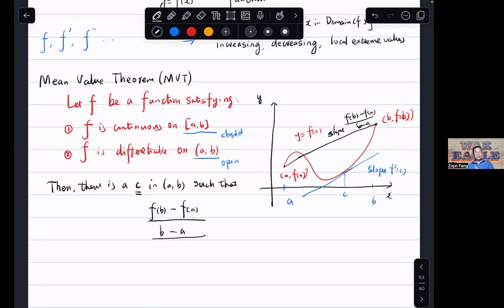They are parallel to each other, so this should be f prime of c. So that's the mean value theorem, right?